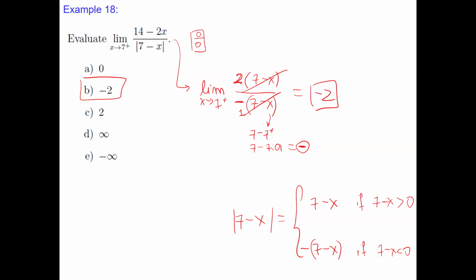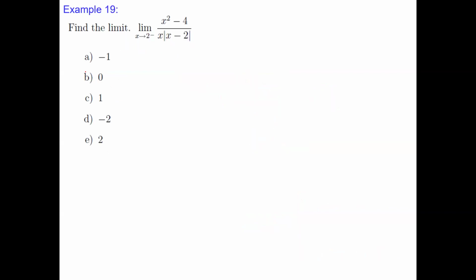Okay, and let's do one more. Okay, x approaches 2 from the left-hand side. (x squared minus 4) over x times the absolute value of x minus 2. When we substitute 2, we can definitely see we're getting 0 over 0.